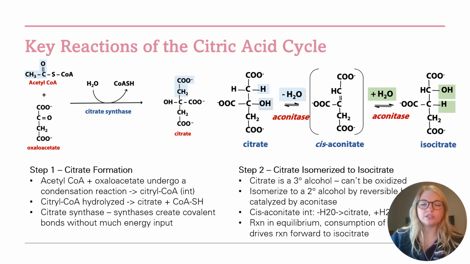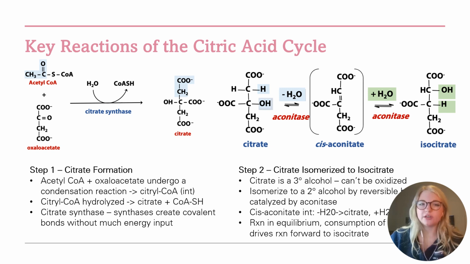In step 2, we start with citrate, which is a tertiary alcohol. We want to oxidize our substrate, but tertiary alcohols cannot be oxidized to carbonyls without breaking the octet rule. So instead we will use an enzyme called aconitase to isomerize citrate to a secondary alcohol intermediate called cis-aconitate.